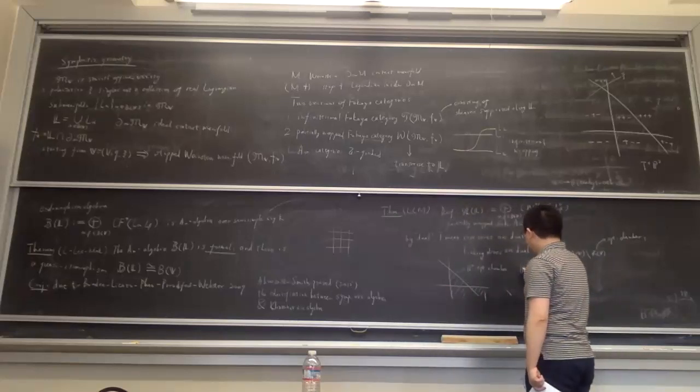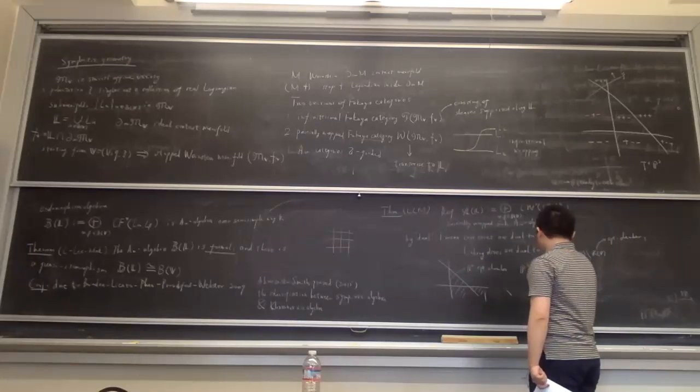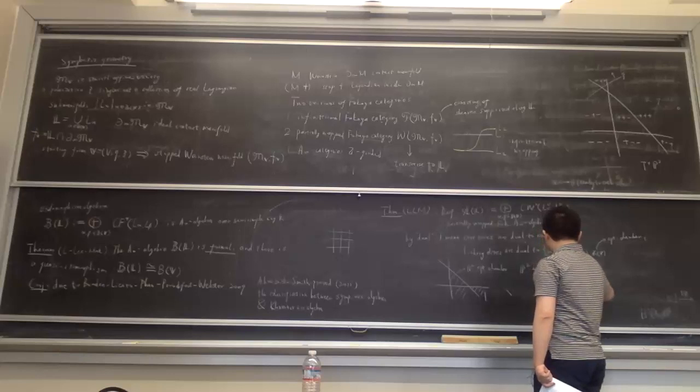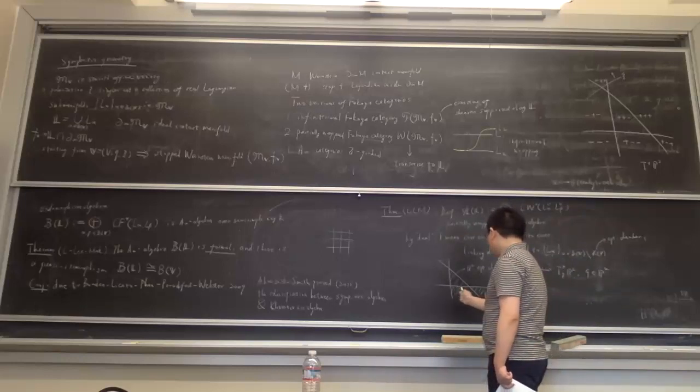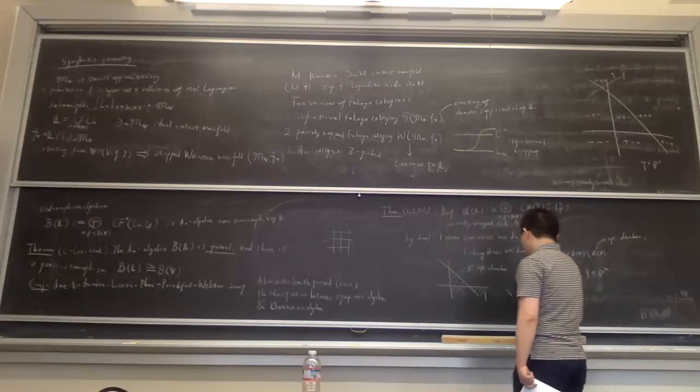For example, this P2 is dual to a cotangent fiber. This Q is some point inside P2. And this thing is a conormal fiber, associated to some P1 inside P2.